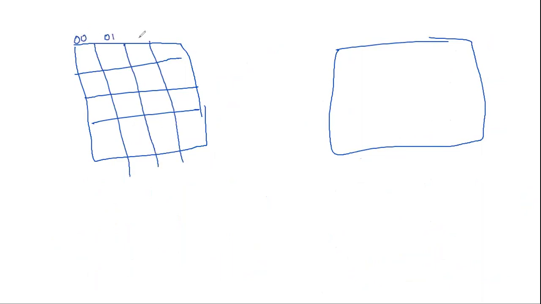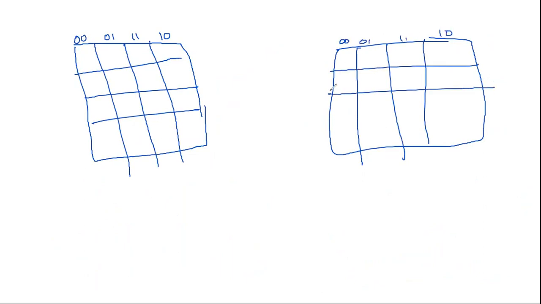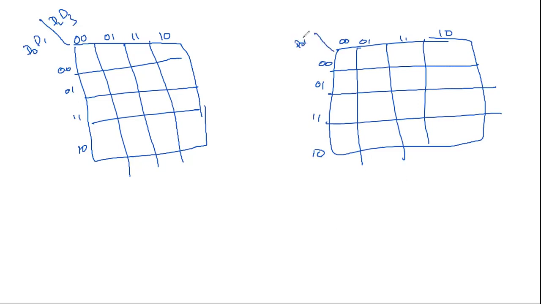The labels are 0, 0, 0, 1, 1, 1, 1, 0 along each axis. So the order is D0, D1, D2, D3. The same order you have to follow. Okay. Now this is for O0, and this is for O1.